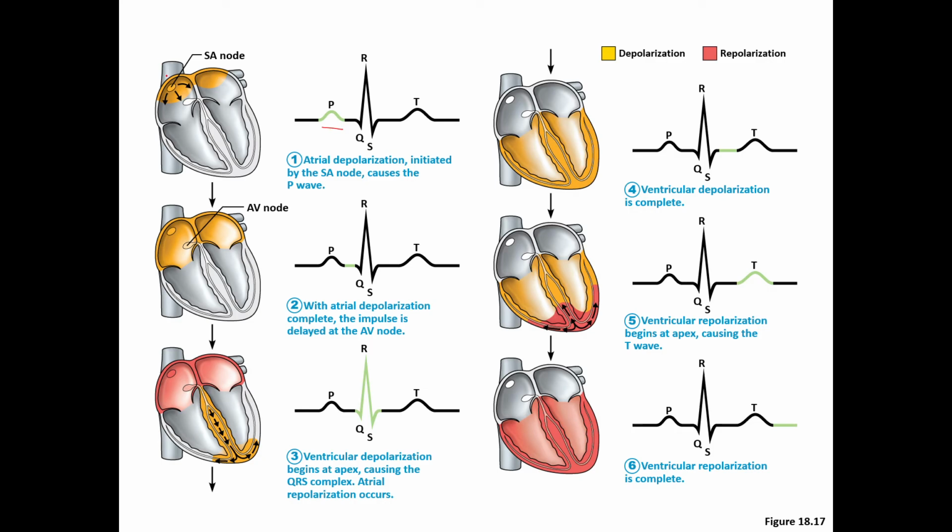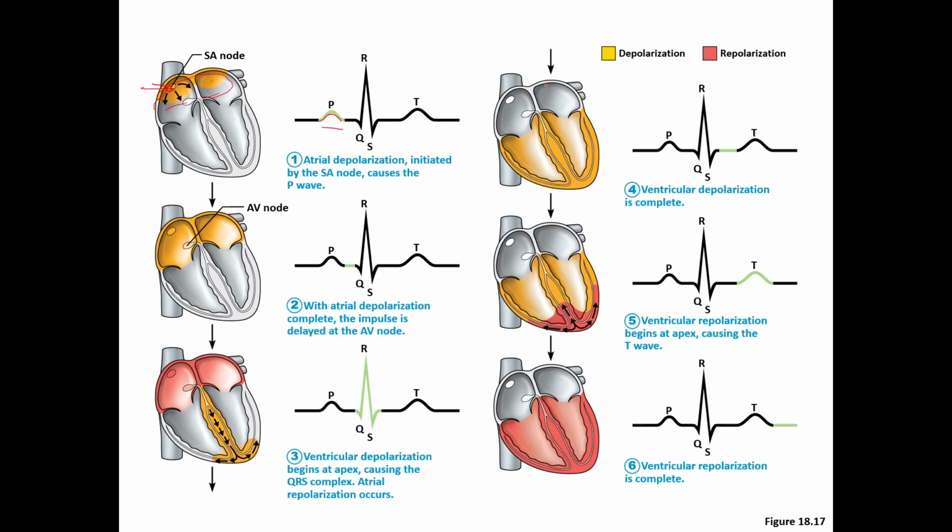This is P. You see from SA node the signal, depolarization, is going to the atrial wall, right? So atria here. So P is seen when atrial depolarization occurs. Orange or yellow color is showing depolarization and red is showing repolarization here.